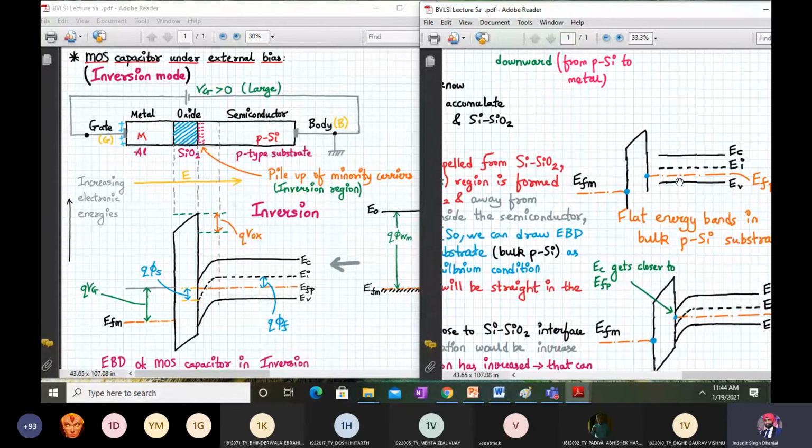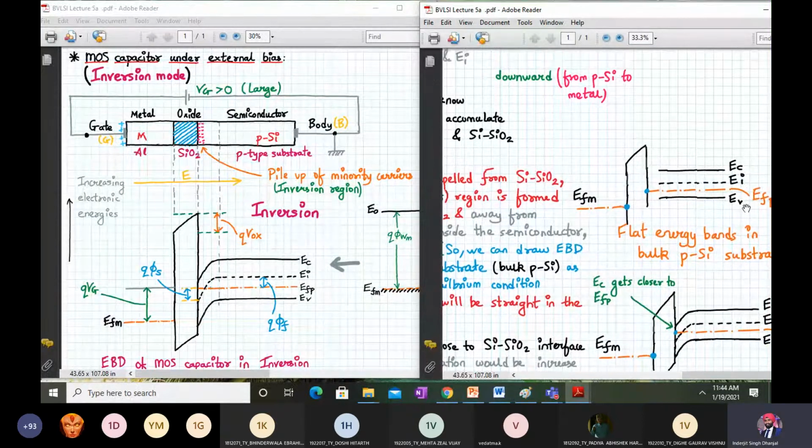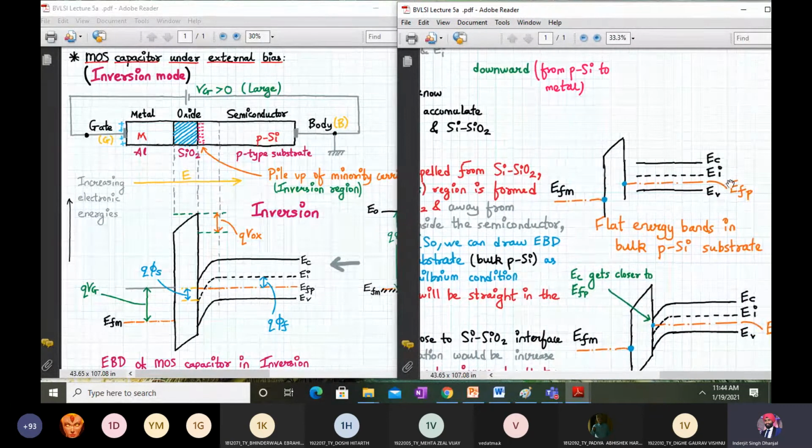So the energy bands will remain flat over there. So when we have drawn EM, just draw the semiconductor, that is your valence band, your EI, which is the intrinsic Fermi level, and EC, which is the conduction band, away from the SiSiO2 interface. So that means we have flat energy bands in the bulk p-type substrate.